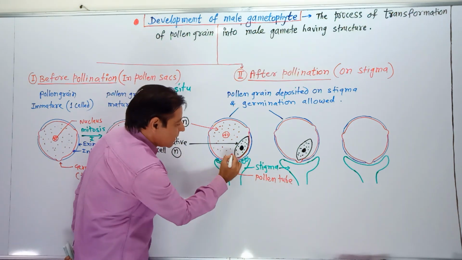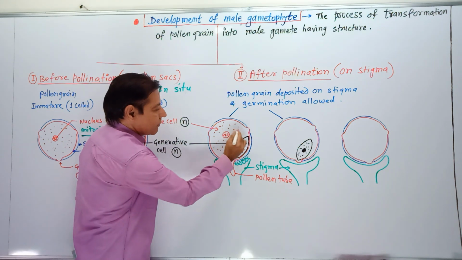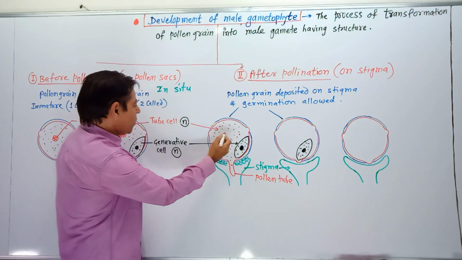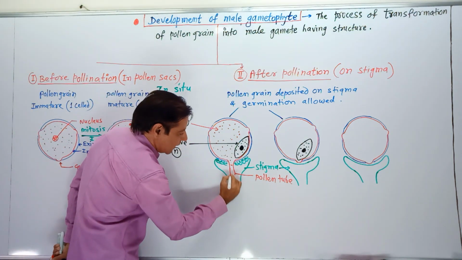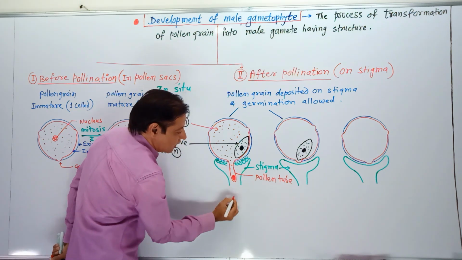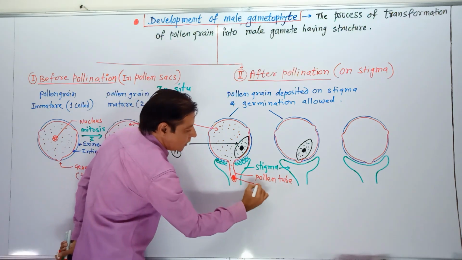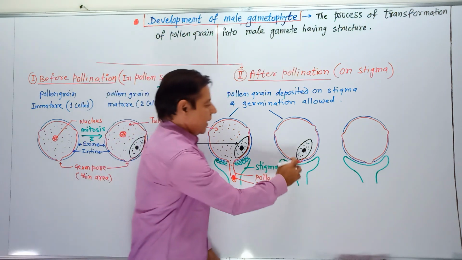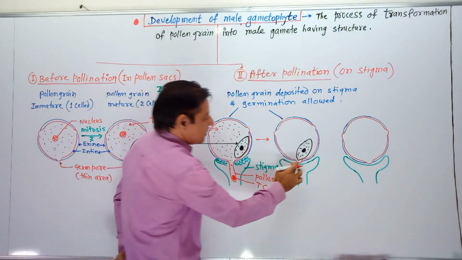In this way some part of the cytoplasm as well as the nucleus, this tube cell nucleus, which is larger, comes out and takes its place at the tip of the pollen tube. It is the tube cell nucleus. And in this way the growth occurs.